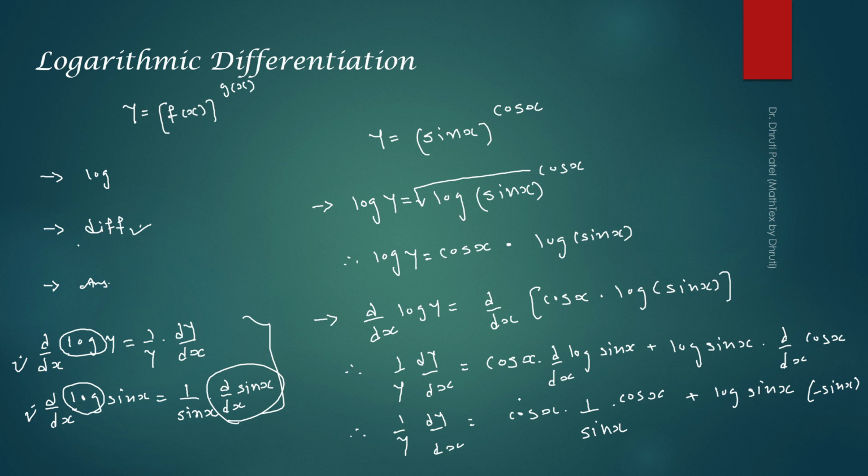Hence, I can write, see, this cos x into cos x is cos square x divided by sin x. This minus sign will come here, so it will be minus sin x into log sin x.